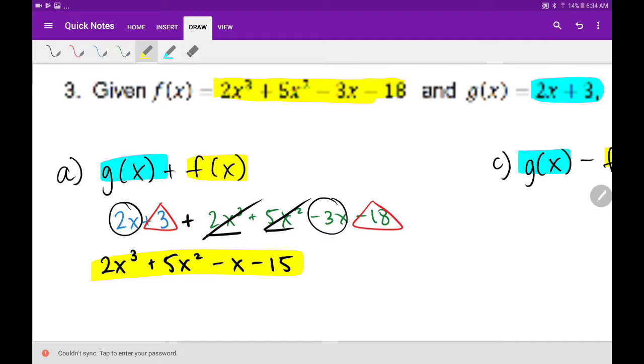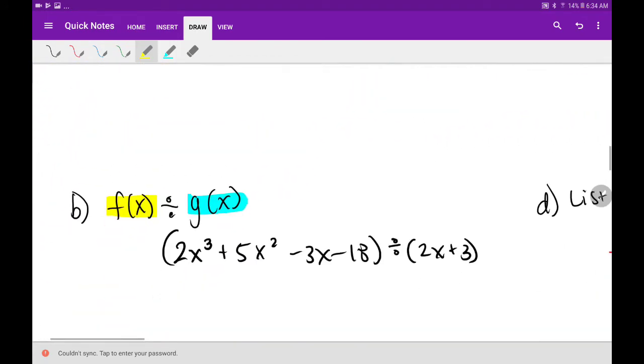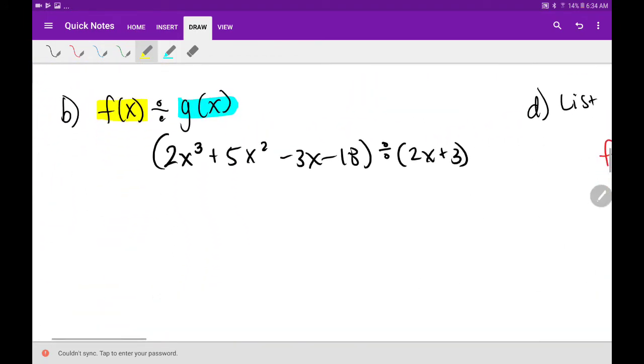Okay. Let's go to B now. B is down here. Okay. B says, do f of x divided by g of x. So I quickly rewrote already what f of x is and what g of x is. And again, as I mentioned before, when given the option of division, long division or synthetic, I'll always choose synthetic division.